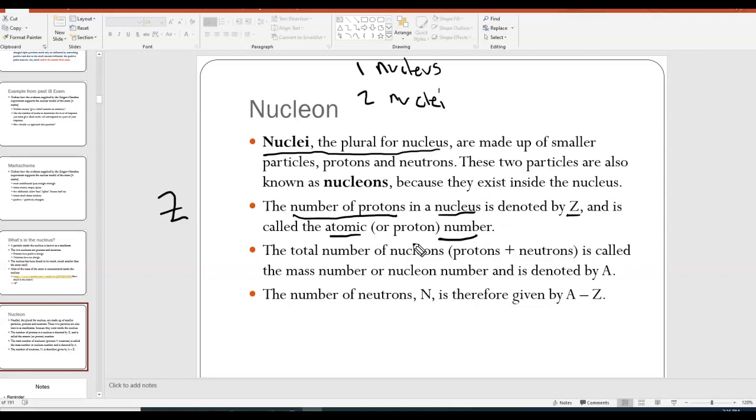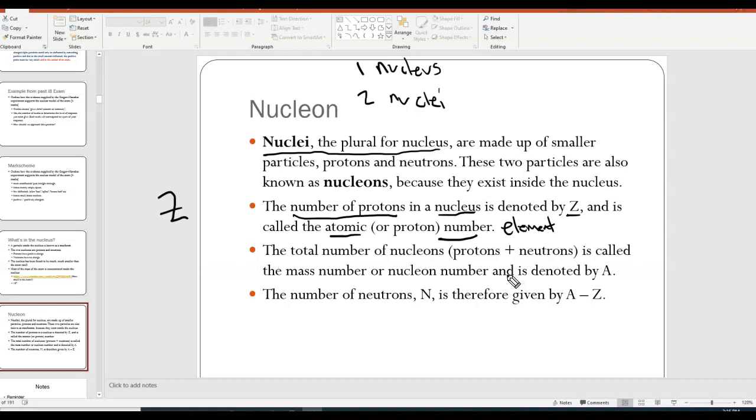The atomic number is based off of the number of protons that an atom's nucleus has. That is what defines an element. So elements are defined by this value. It has nothing to do with neutrons or electrons. It's only the number of protons. So the atomic number is the number of protons in a nucleus. We denote that with a capital Z.